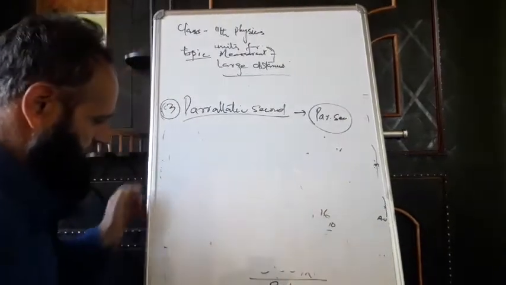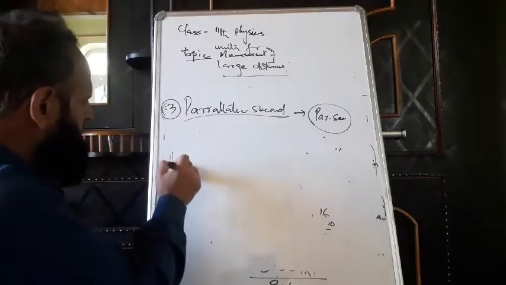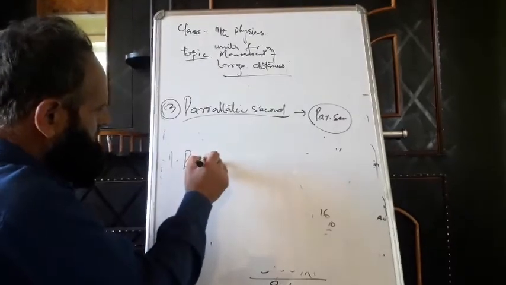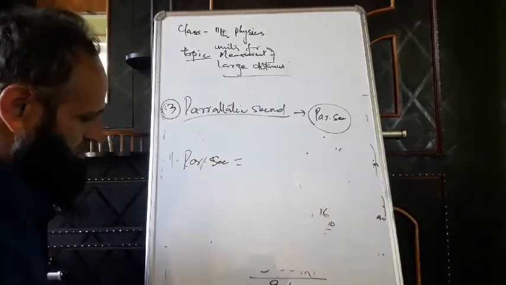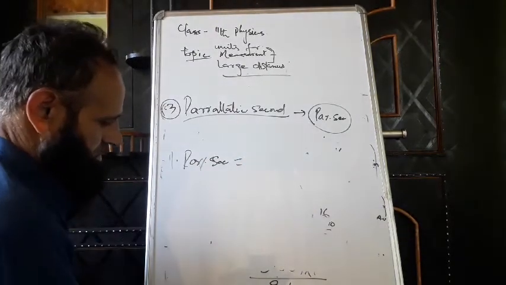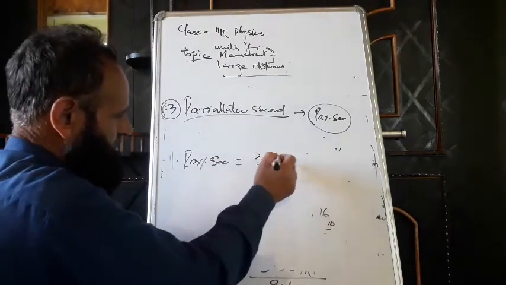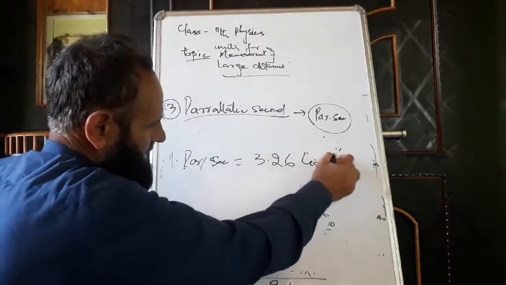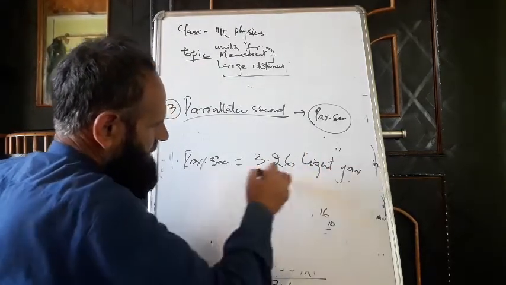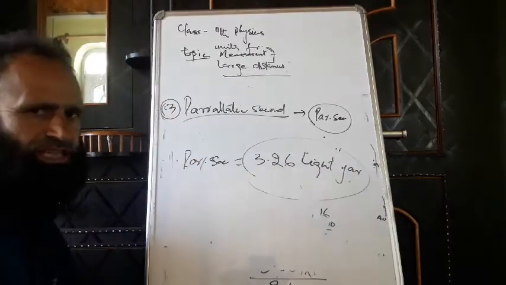So we can say one parsec is equal to 3.26 light years.